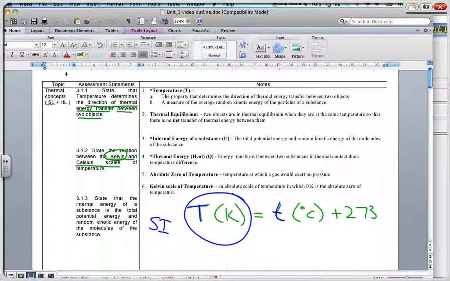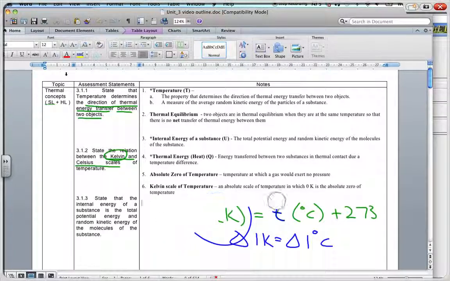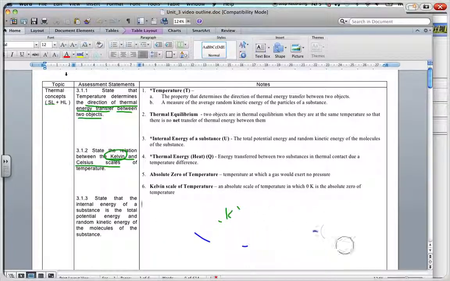It's only when we're looking at a change in temperature, because if we change the temperature by 1 Kelvin, or by 1 degree Celsius, these are equivalent. The actual 1 degree and 1 Kelvin is the same amount. So sometimes we won't worry too much whether it's Celsius or Kelvin when we are looking at a change in temperature, then it won't matter. But generally, always use Kelvin, always convert to Kelvin.